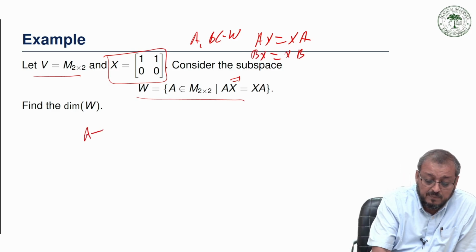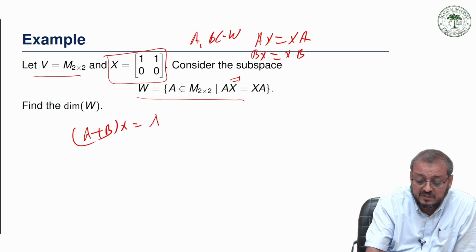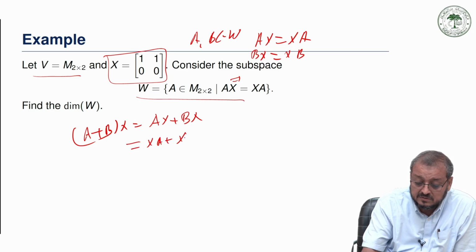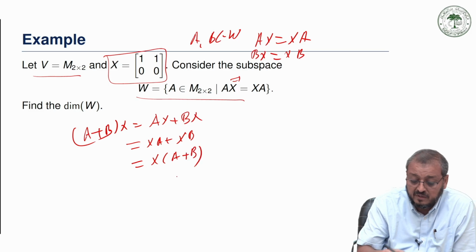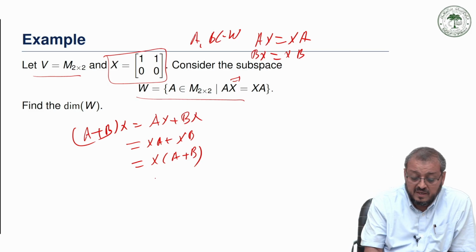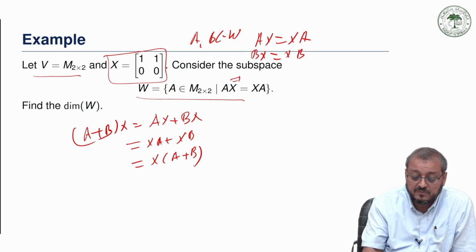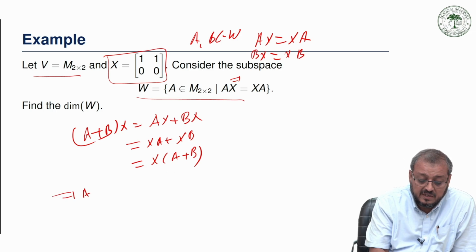Now we take A plus B and then X. Because of matrix addition, AX plus BX is equal to XA plus XB, and by the distributive property we can write this as X times (A plus B). So (A plus B)X is equal to X times (A plus B). This implies that A plus B is an element of W.